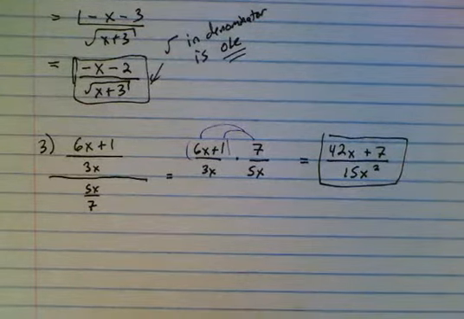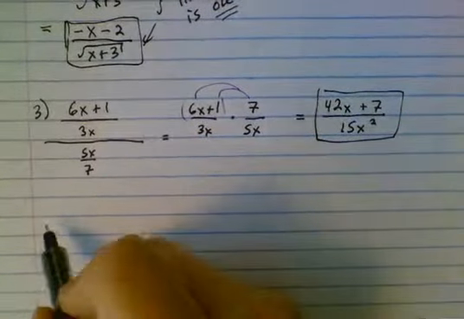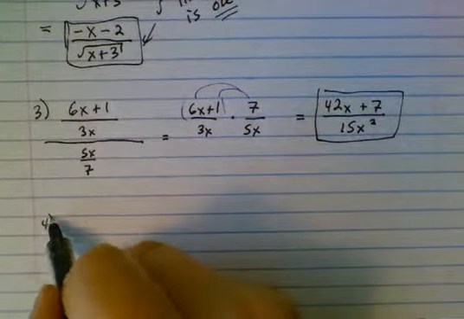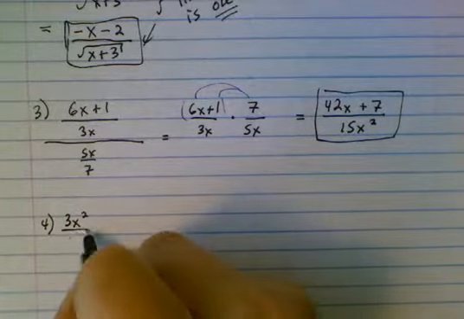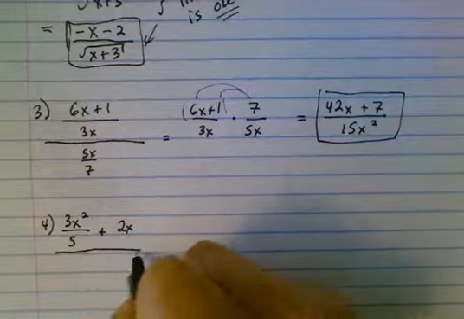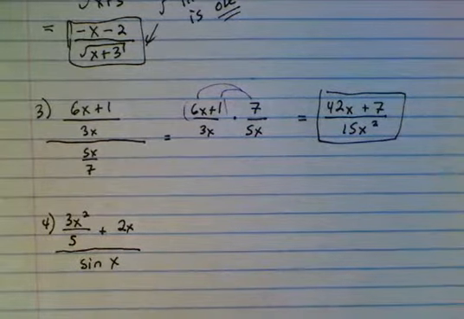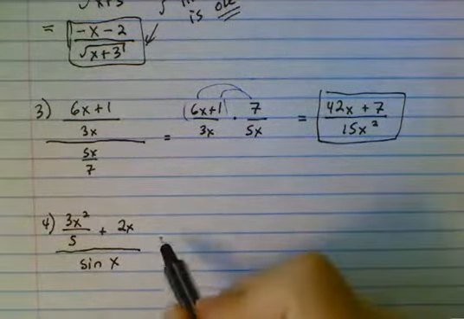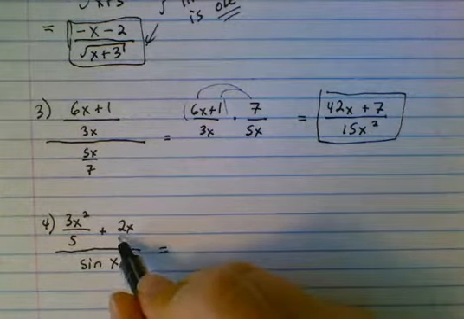We can also do the same idea with very complicated rational expressions. So let's take this one for example. We've got 3x squared over 5 plus 2x, and that's all over the sine of x, which is just a function like any other. We can just multiply, do whatever, just like normal. So we know that this is 2x over 1.